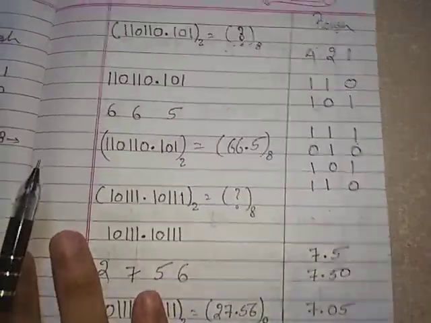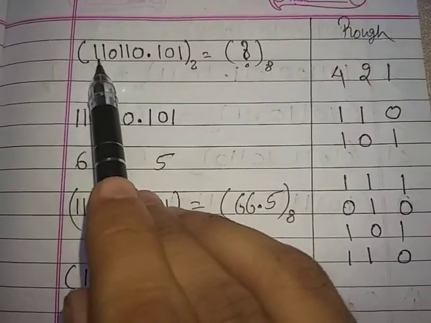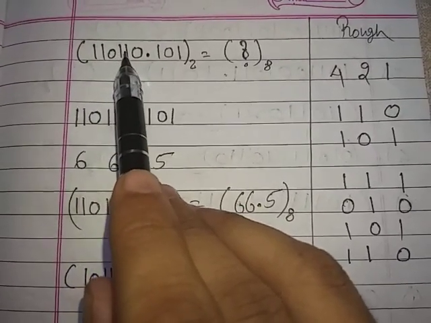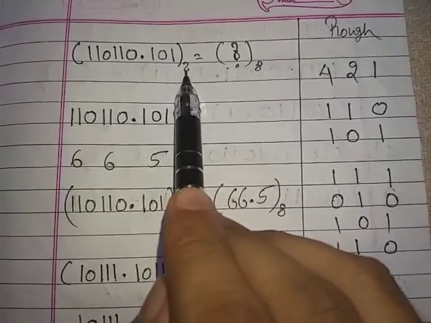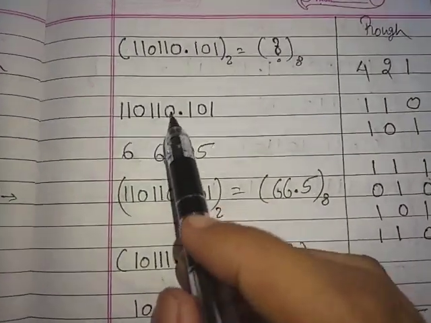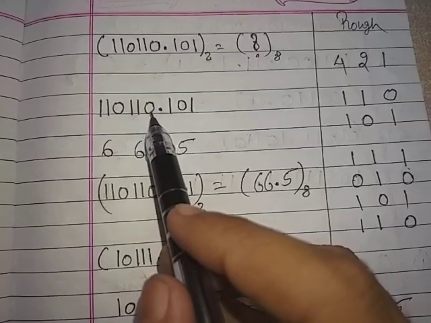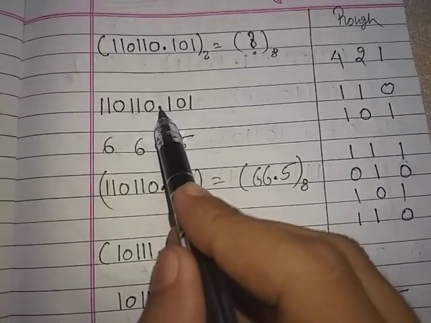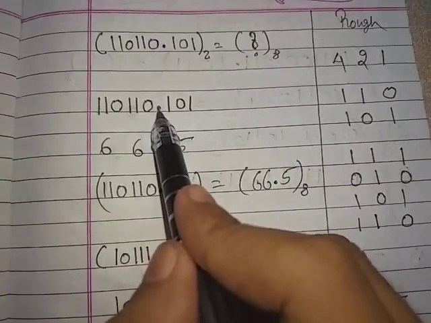Let's see some more examples. If I want to convert 110.101 radix 2 into radix 8, the method is the same. We have to make groups of 3 bits, but here the groups will be made from the decimal point.